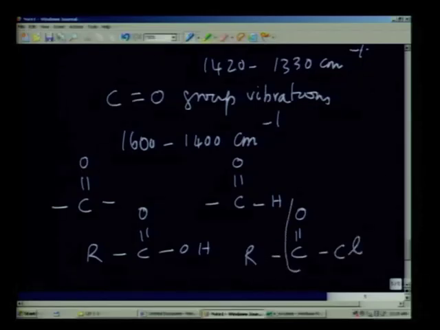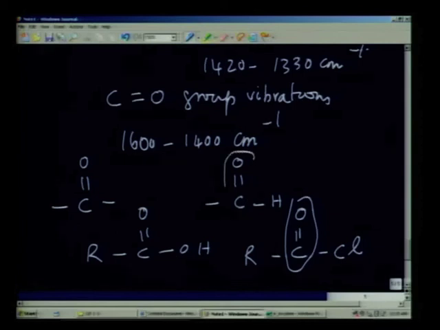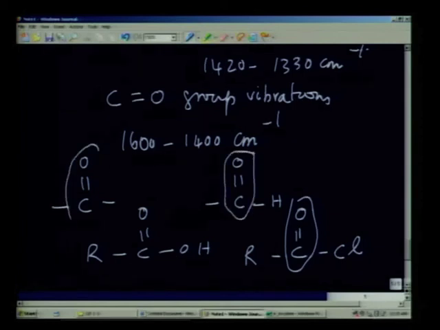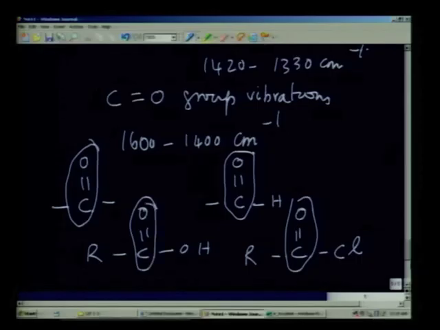Depending on the environment it is in, each CO shows up at a slightly different frequency, and therefore one can obtain a series of these spectra, take the fingerprint and then identify the patterns in them, and using these patterns from unknown compounds we can try and identify what kind of functional groups are present in the molecule.